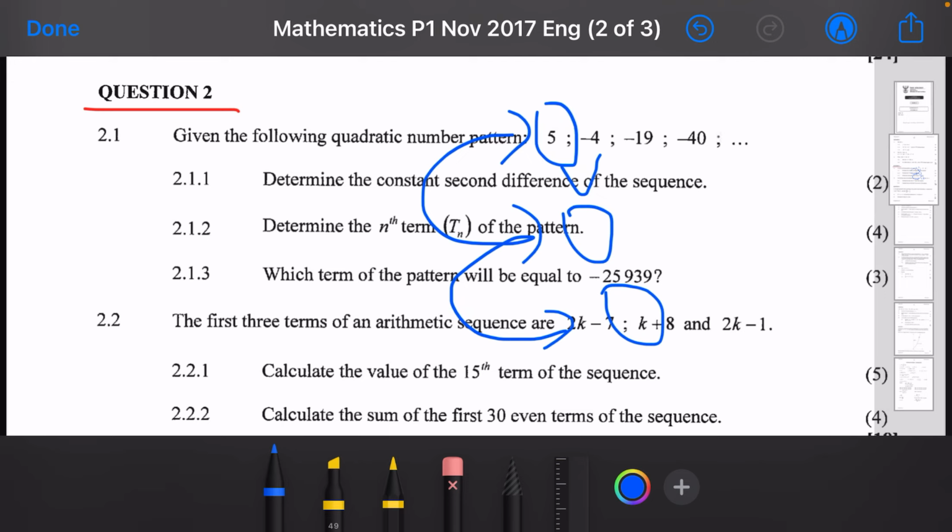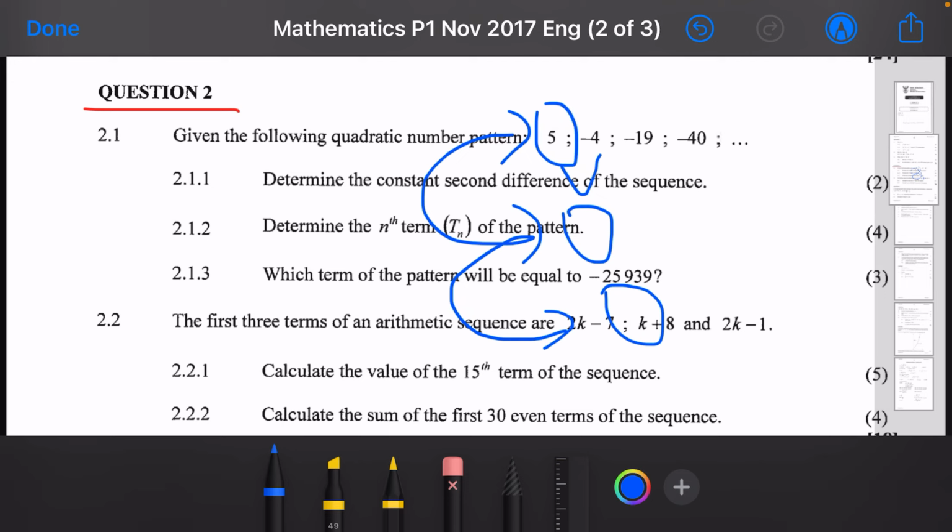This is the cream of the question. This is an instruction to determine the constant, which means it has to be constant. If it's not constant, it's not answering the question, and you know very well what is meant by constant. It means you've got the first difference and they are looking for the second difference.